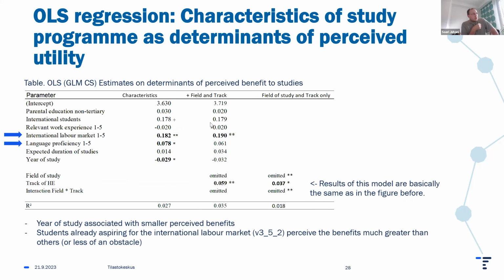And this is a simple OLS regression. I plot the 5-point Likert scale measure of perceived benefits, or lack thereof, of one's studies as the dependent variable, and include the measures of characteristics of one's current degree program as independent variables.